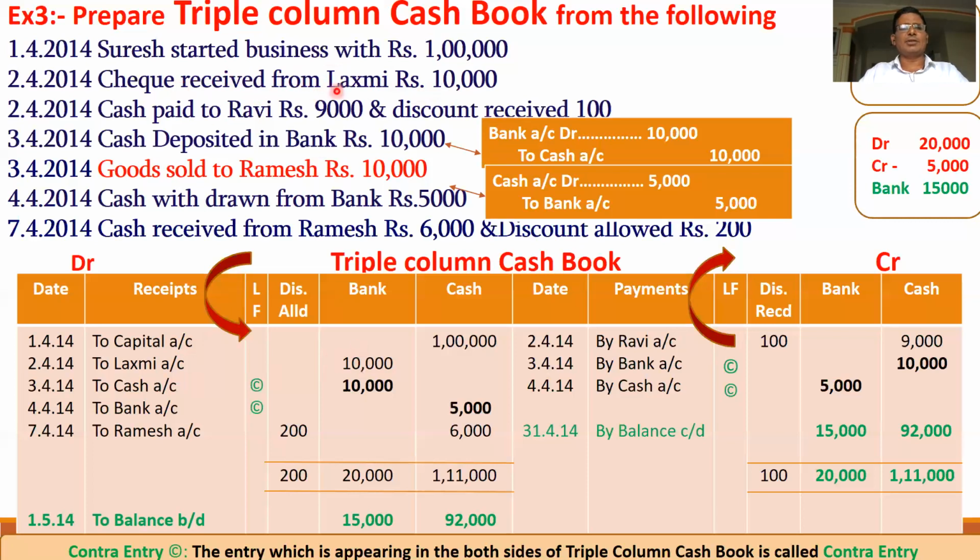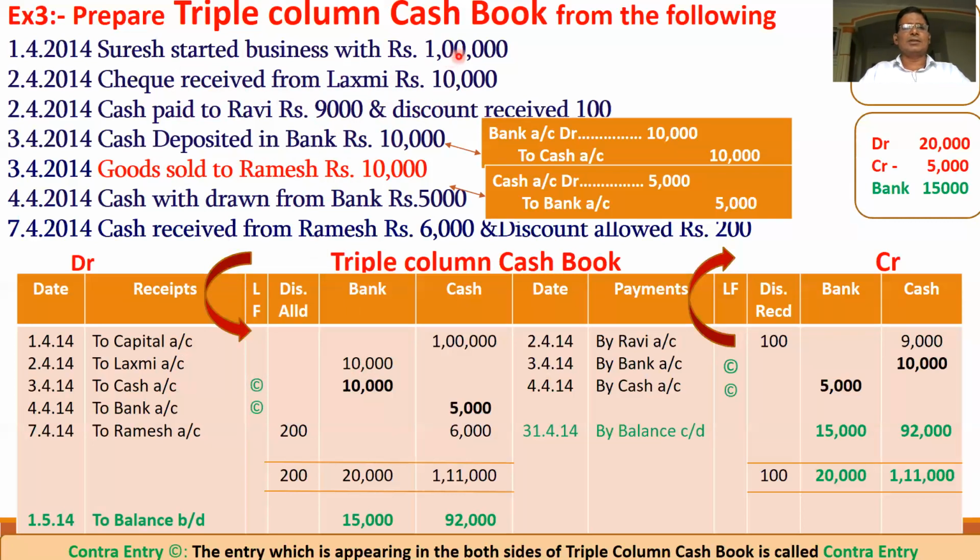Nothing is mentioned about this check, so we have to see what happened to Lakshmi's check. Since nothing is mentioned in the problem, it means Lakshmi's check was sent to bank on the same date. That's why the 10,000 is entered in the bank column and shown in Lakshmi's account.